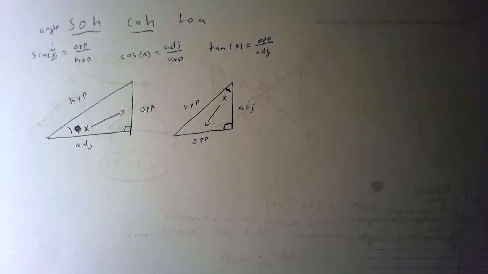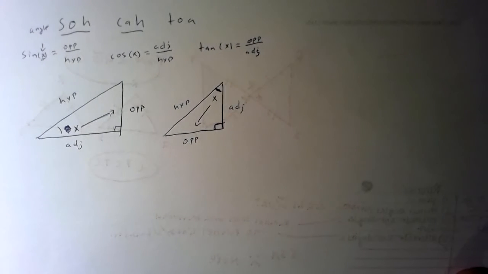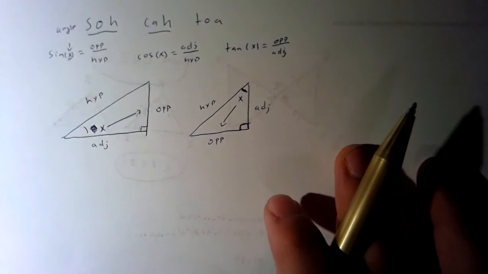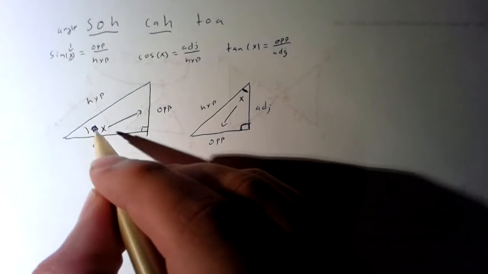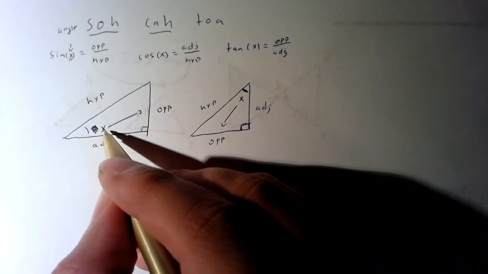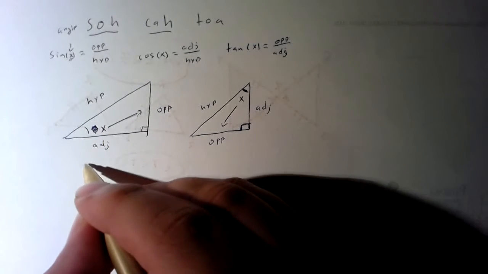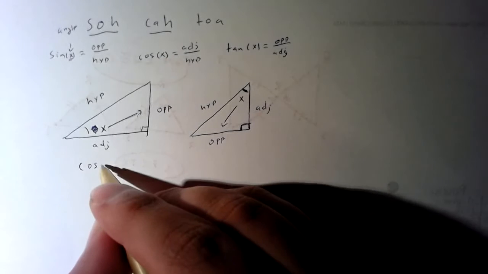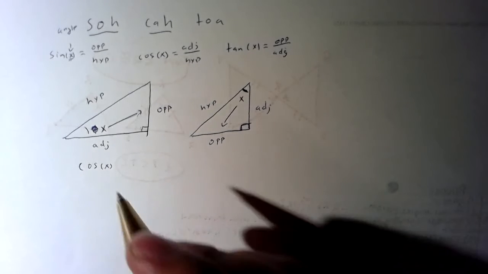Alright? So again, it's always with respect to the angle. Now let's say we wanted to write an equation for, let's do cosine of x. So again, if we had cosine of x, remember this is the angle.